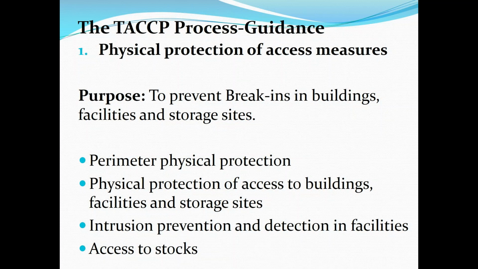The third one is intrusion prevention and detection in facilities. Again, you talk about alarm systems and video surveillance, and access to stocks, production, and products. So you may have all these control systems in place.